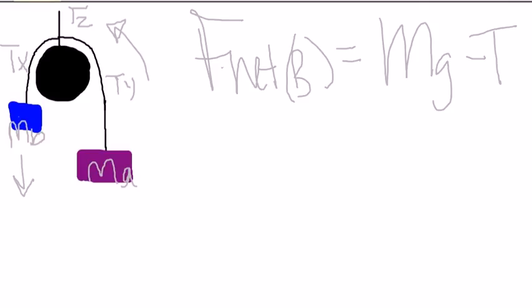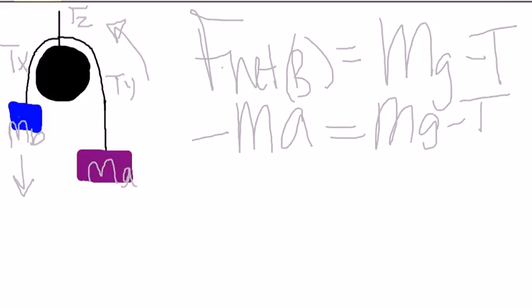So if we add in our ma, and it's a negative acceleration because the mass is moving down, and we solve for T, we get this equation.